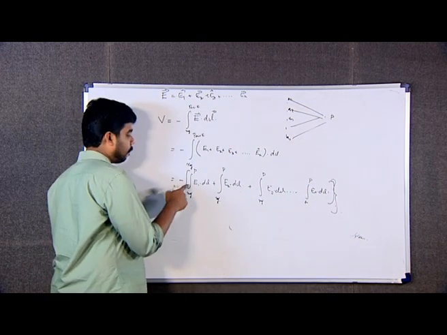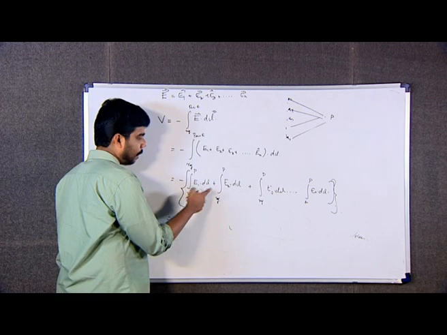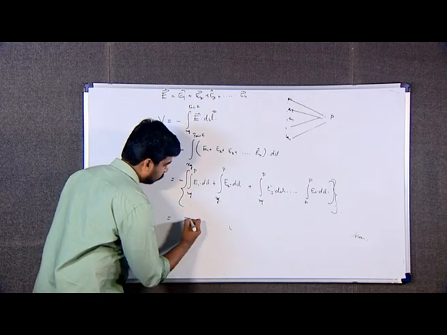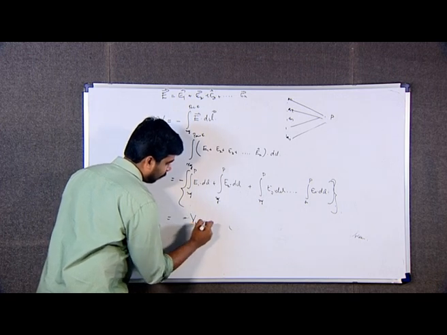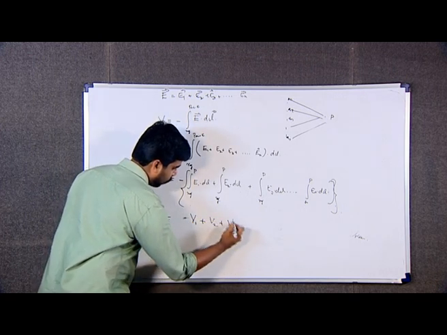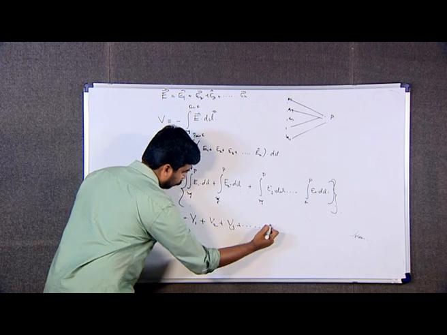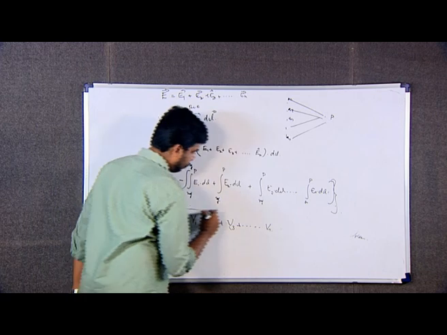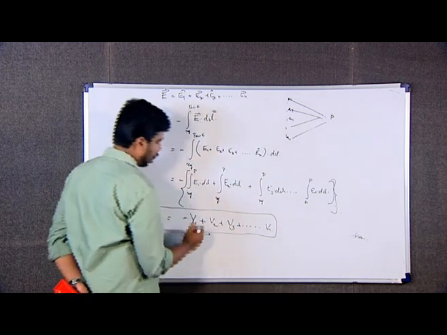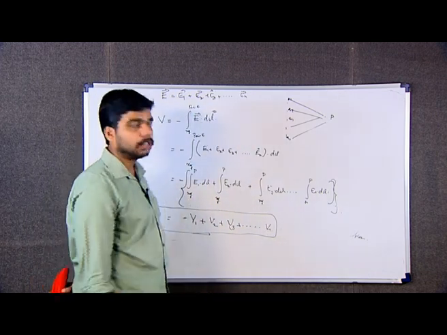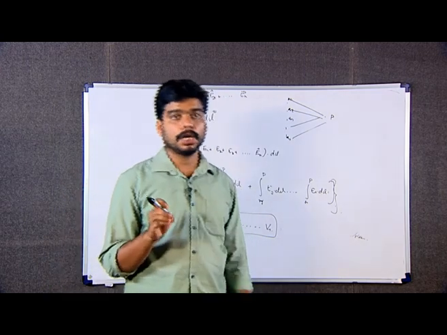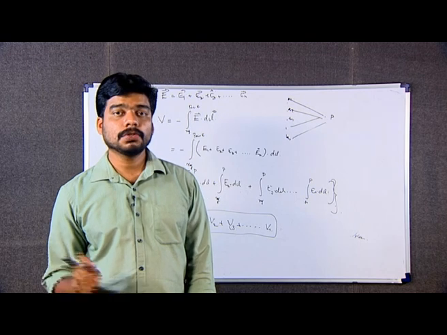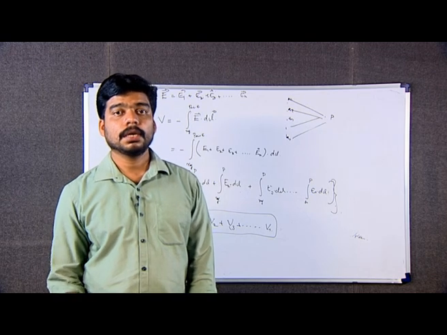What is minus integral E1 dot dl, minus integral E2 dot dl? Like that, I can write it as V1 plus V2 plus V3 up to Vn. So, the potential at a point P is the sum of the potential due to individual charges.